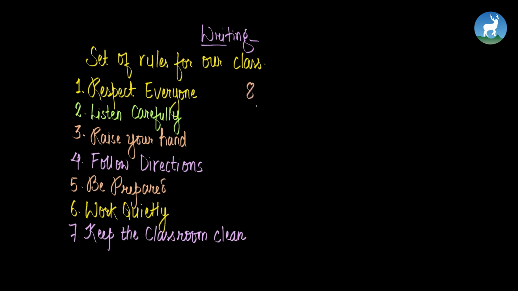Number 8. What do we have in number 8? Be responsible. You should always learn to take ownership of your actions and their consequences. You should not blame others for the things or mistakes you have committed. Instead, you should learn to accept your mistake and be responsible.